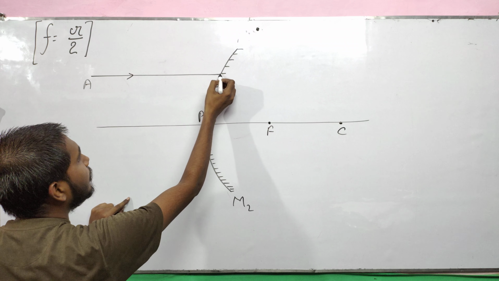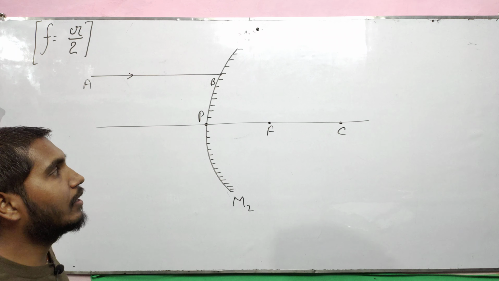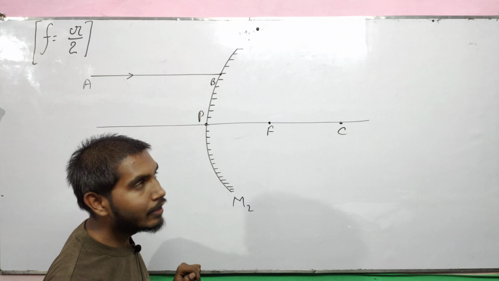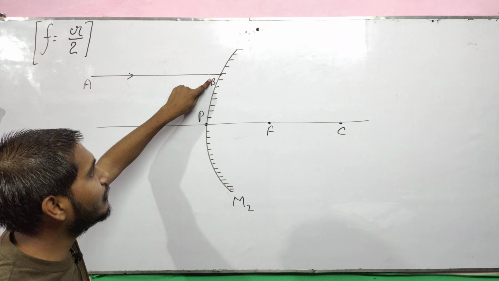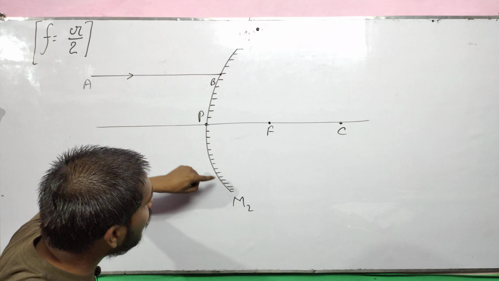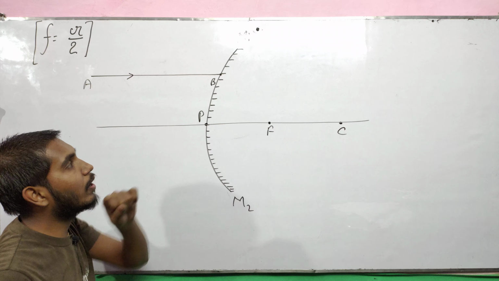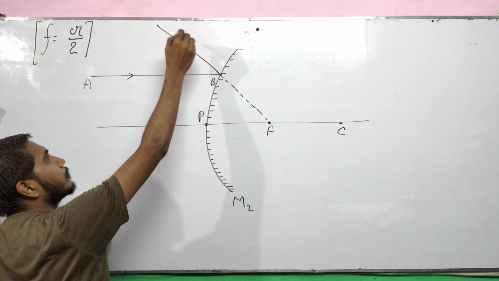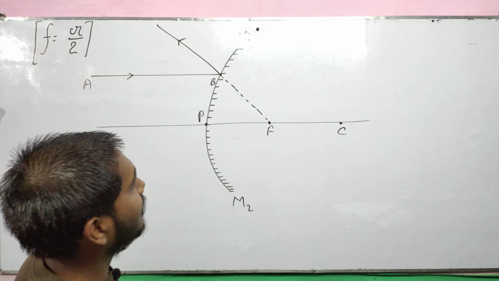Now a ray parallel to the principal axis is traveling. The ray is AB. Now we see, beta, this is the incident ray, and a ray traveling parallel to the principal axis, after reflection from the mirror, appears to come from the focus point. So this ray is reflected.